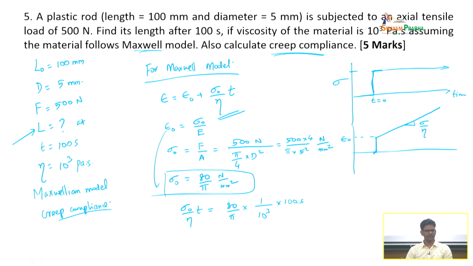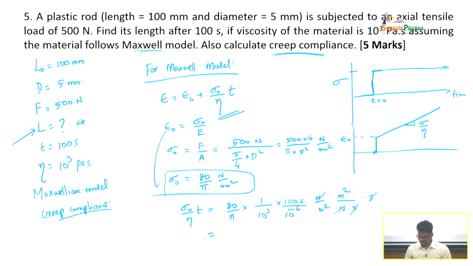If you do that, you will have a problem because the stress is given in Newton per millimeter square, whereas viscosity is given in Pascal second. Pascal is nothing but Newton per meter square, so the second and Newton will cancel. You have meter square here and millimeter square there. So, you need to multiply by a factor of 10 power 6 to convert this into meter square. I am going to write it as meter square and divide by 10 power minus 6. Otherwise, you have unit inconsistency.